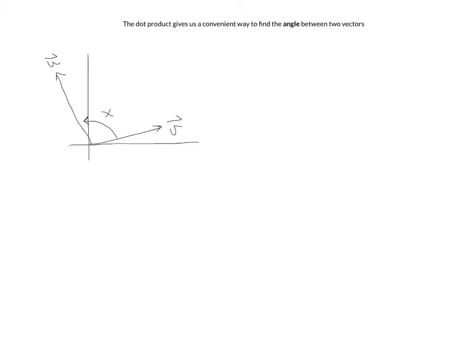And what we'll prove is this relationship, that the cosine of x is going to equal the dot product of u and v divided by the product of their magnitudes. So that seems kind of out there. And the way we're going to prove this is by using the law of cosines, which is pretty cool.